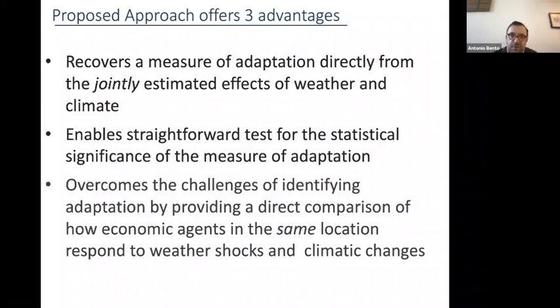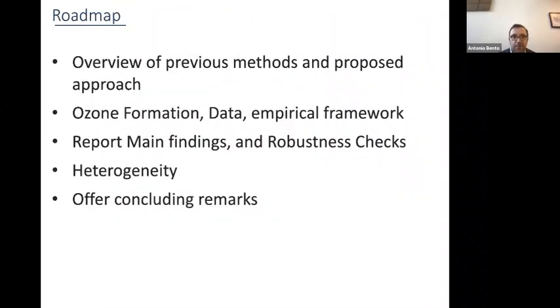And I actually think this is quite important because if you look at the literature, you often have to make assumptions about preferences of individuals in different locations to really get at these effects. So to a certain extent, we avoid having to make those assumptions. And I think that is quite important.